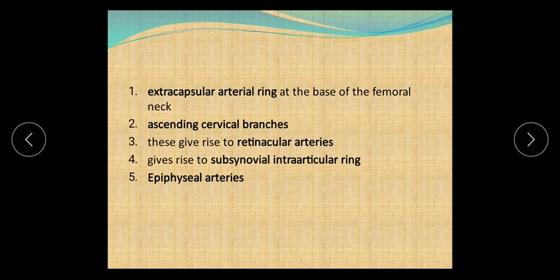These pierce the capsule and become intracapsular and run along the neck of the femur, and now they are called as retinacular arteries. These retinacular arteries form again one more ring, the subsynovial intra-articular ring. From this ring, epiphyseal arteries arise and supply the head of the femur.